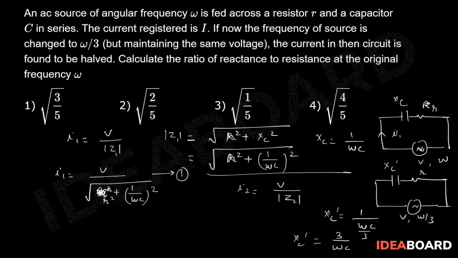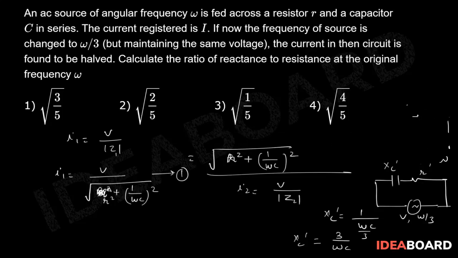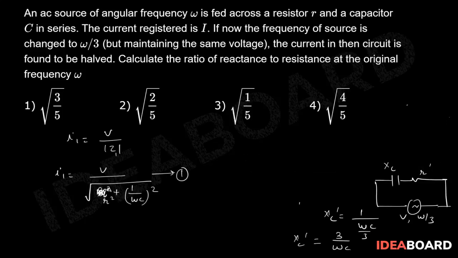So now the value of I2 will become V upon mod of Z2, which will give us V upon under root of small r square plus Xc square, and the value of Xc is 3 by omega C this time.